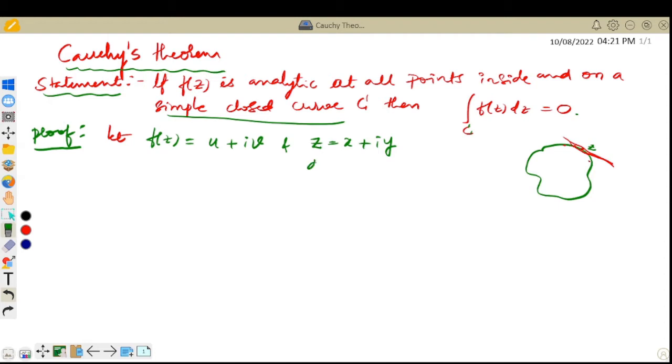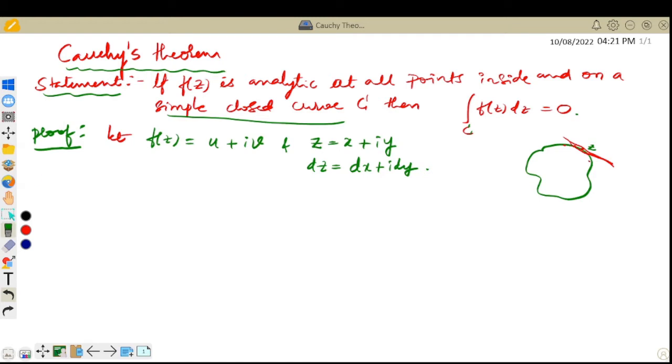Then what is dz? dz is equal to dx plus i dy. This is obtained by using the total derivative rule.